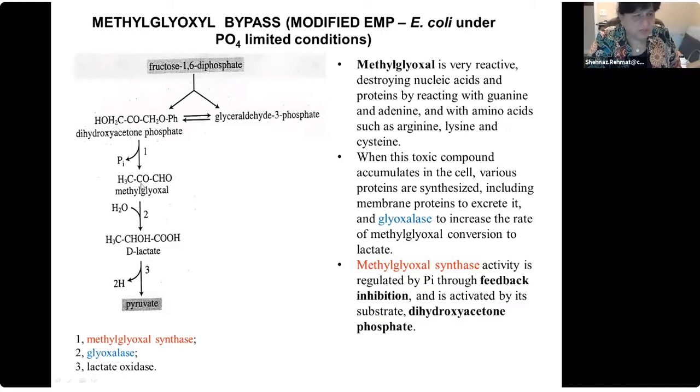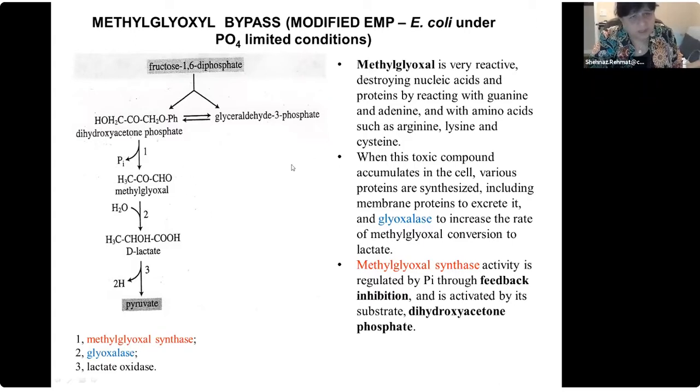The methylglyoxal pathway uses an enzyme called methylglyoxal synthase that will actually liberate the phosphate. So it is actually releasing an inorganic phosphate. In your regular pathway, you were incorporating an inorganic phosphate. So actually it is releasing the inorganic phosphate in this case, and you come up with a compound which is called methylglyoxal.